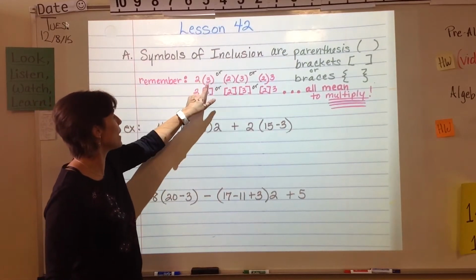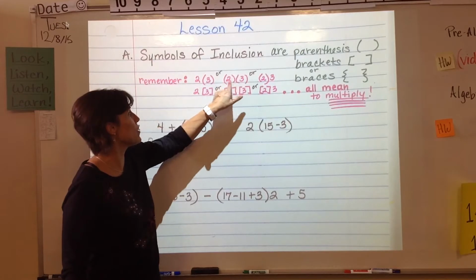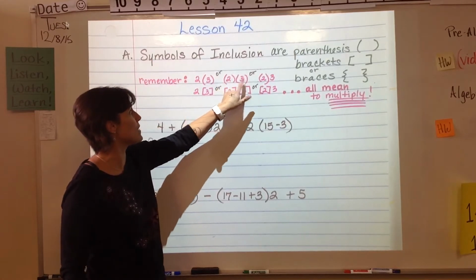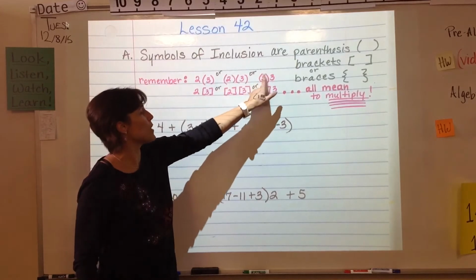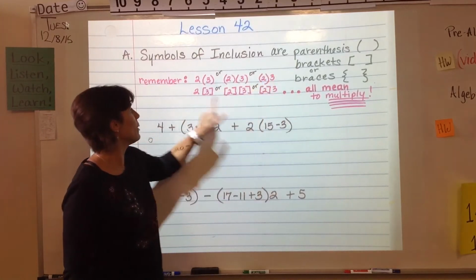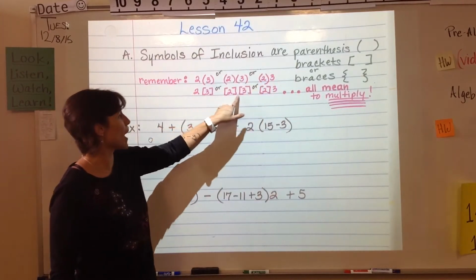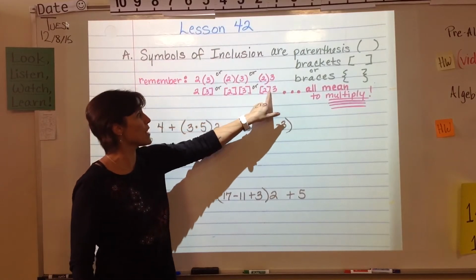2, parentheses, 3, parentheses, side by side, with 2 and 3 each inside parentheses. A number inside of parentheses with a number on the outside. A number outside a bracket, 2 brackets side by side, a number on the other side of a bracket.